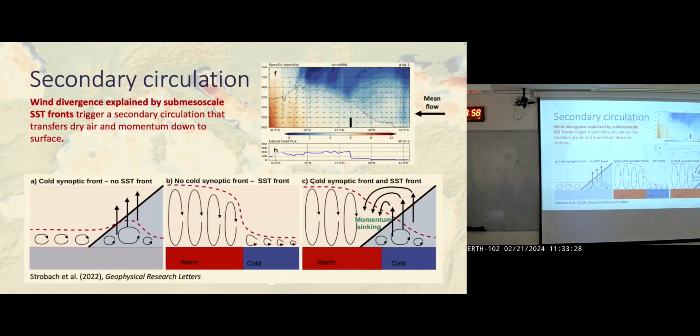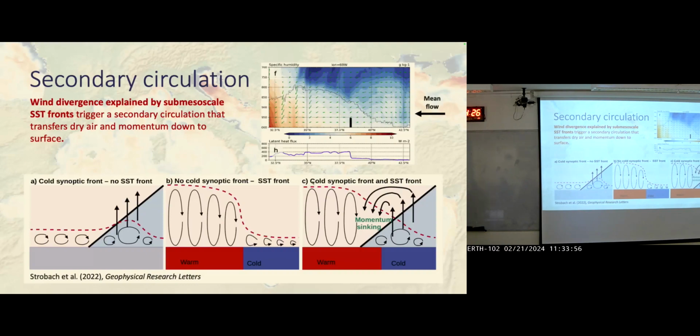So in the end, if we connect everything together, what we found in this study is that during these specific conditions, when a large synoptic atmospheric system crosses this front, we get cold air crossing the front from the cold side to the warm side.